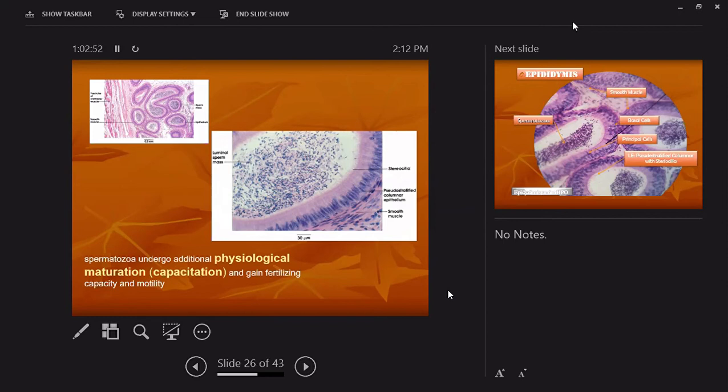All the parts of the body are okay, but they have not reached puberty. Therefore, they have to go through physiological maturation.